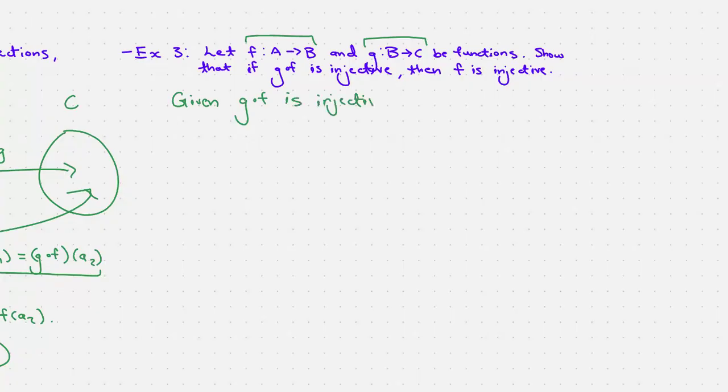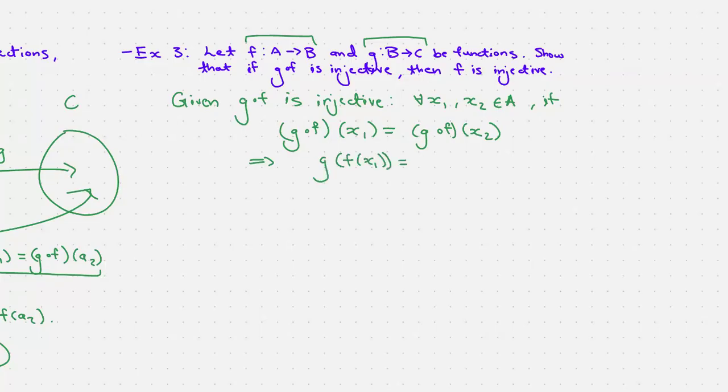it follows that for all x1, x2 in A, if g of f of x1 is equal to g of f of x2, then by definition of composite functions, we have g of f of x1 equal to g of f of x2, implying that since they're injective, x1 is equal to x2.